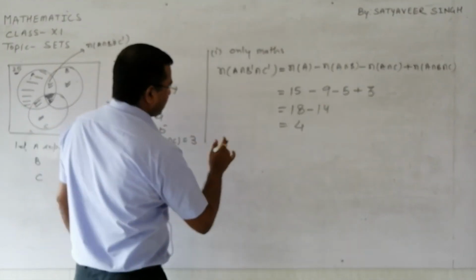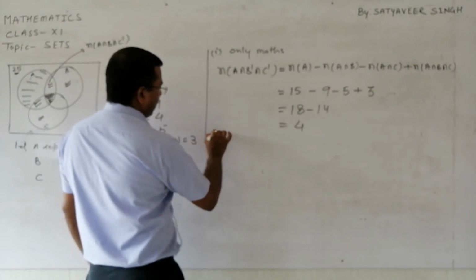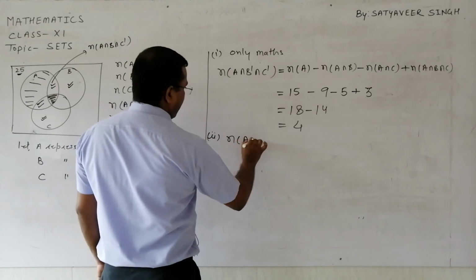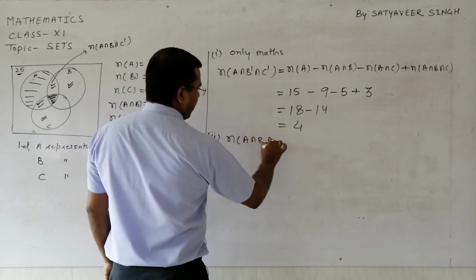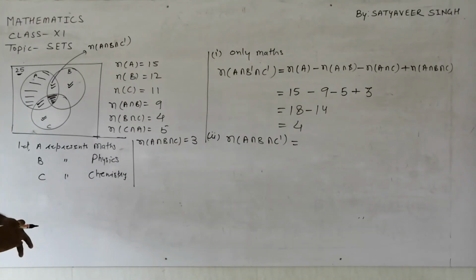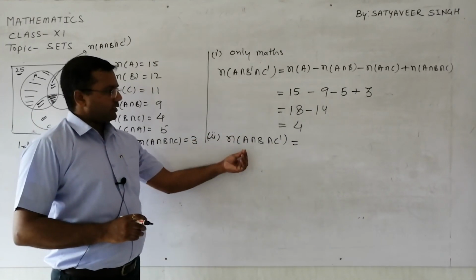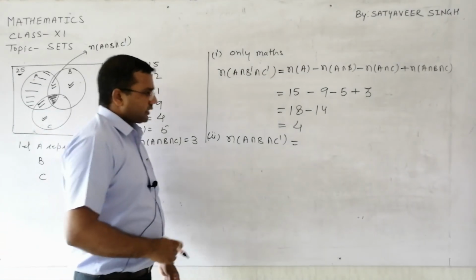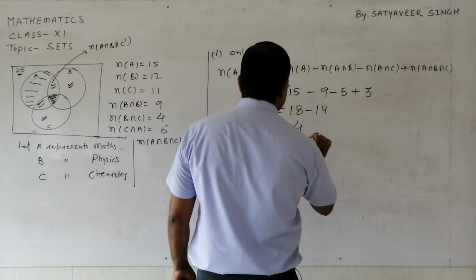How will you do this? We want to find A intersection B intersection C complement, which means the number of students who like mathematics and physics but not chemistry. So in this case you can solve this.